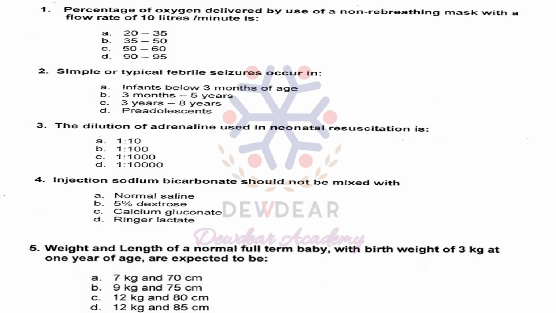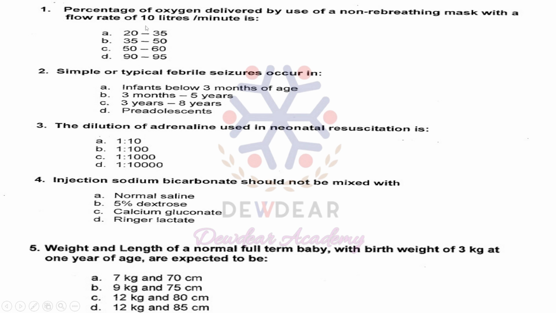The first question is, percentage of oxygen delivered by use of a non-rebreathing mask with a flow rate of 10 liters per minute is. Options are 20 to 35, 35 to 50, 50 to 60, 90 to 95.